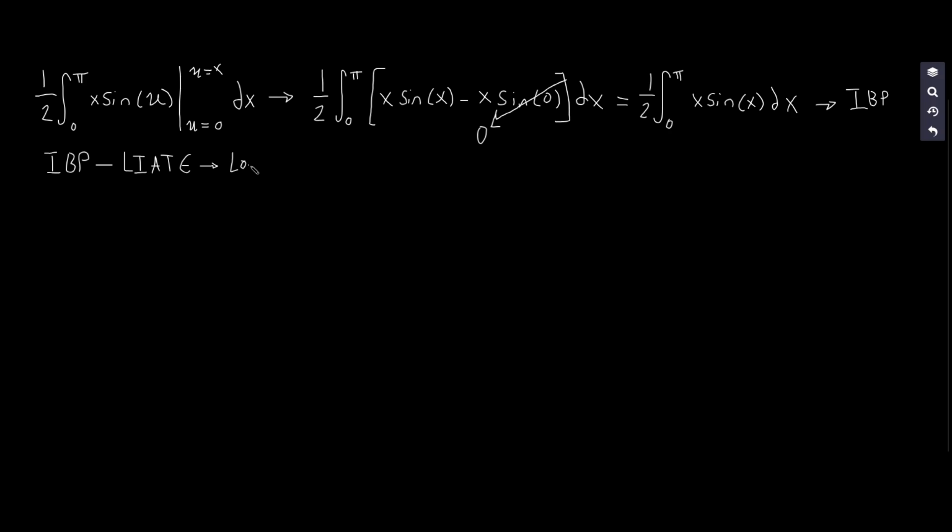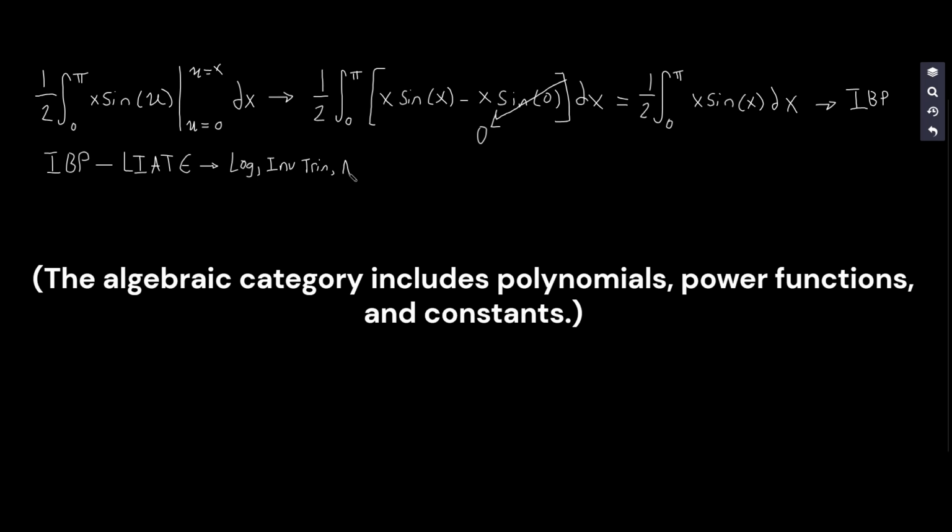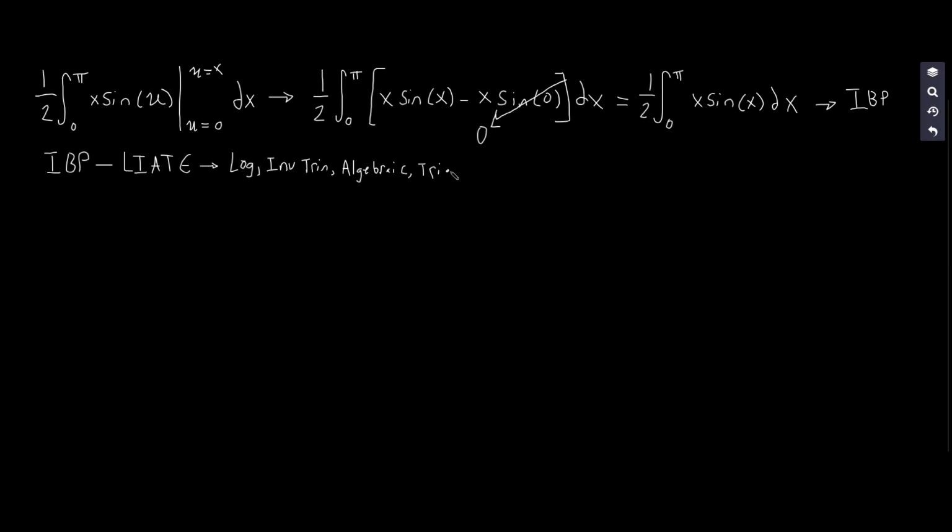So it goes logarithms, which includes natural logarithms, inverse trigonometric functions, so inverse trig, algebraic, which is stuff like x, and trigonometric functions comes next, and then after that it's exponents. So that's like the hierarchy when we want to understand what takes precedence over what as we assign u for our integration by parts.